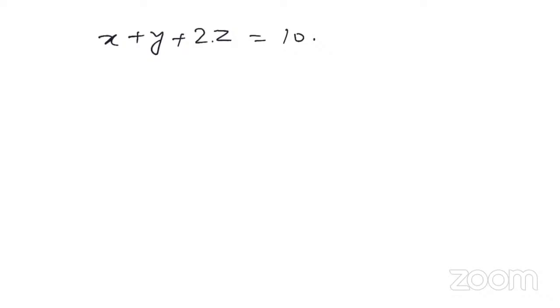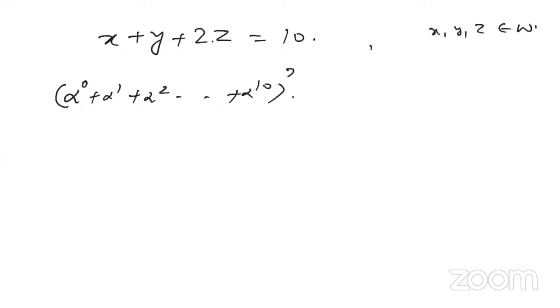If I go with the basic one, I know alpha to the power 0 for x, up to alpha to the power 10 if x, y, z are whole numbers. For y again it will go the same way, but for z, alpha to the power 0, then 2 into alpha to the power 0 is okay. The next terms will be alpha square, alpha 4, alpha 6, alpha 8.